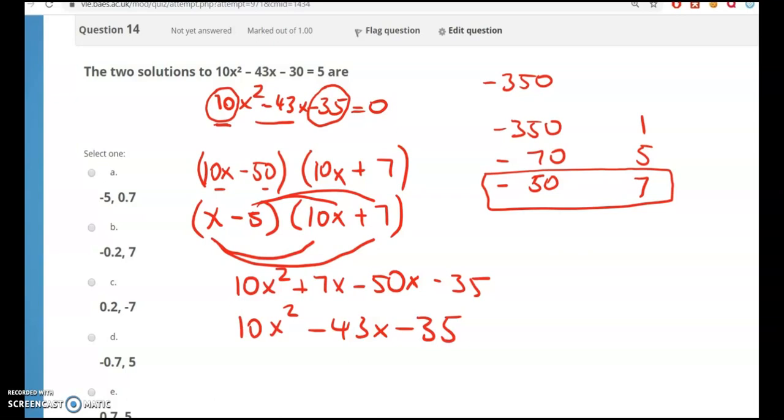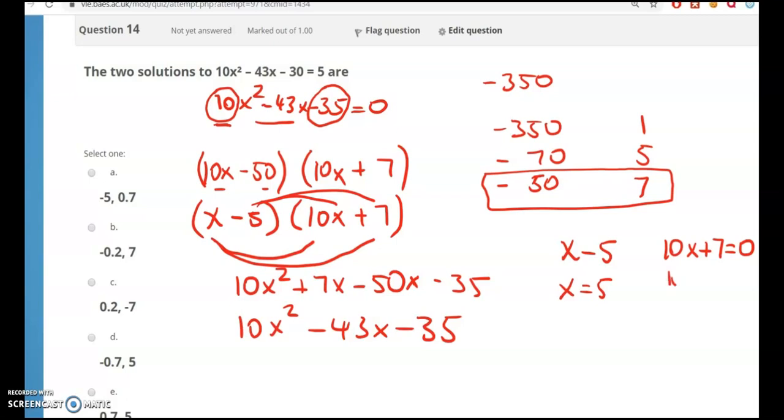Now looking at the solutions, we'll bring the brackets here. One of them is x minus 5, so this means that x is equal to 5. The other one is 10x plus 7 equals 0, so we make both of the brackets equal to 0.